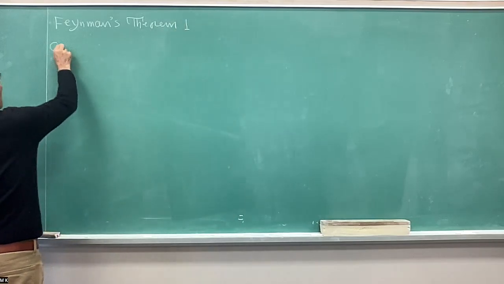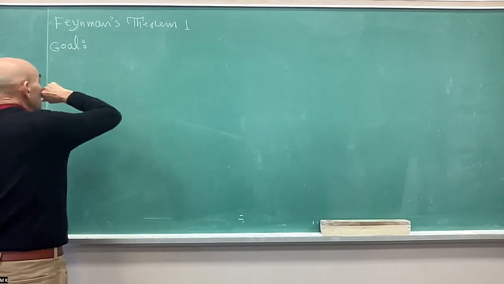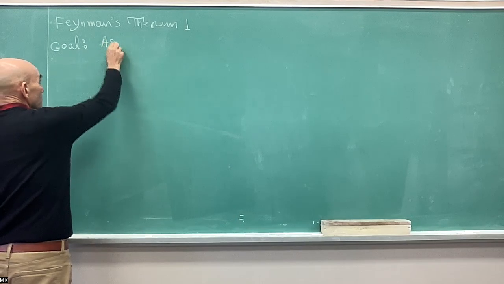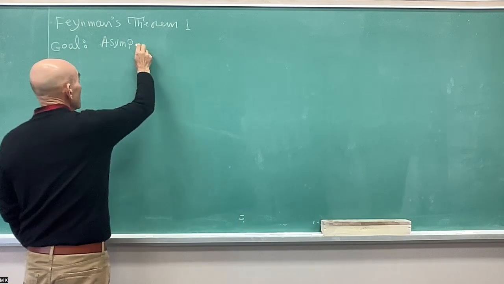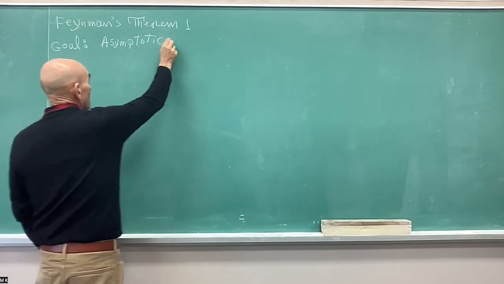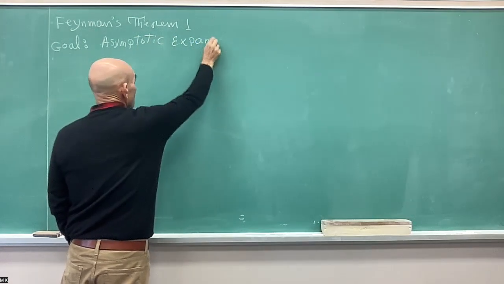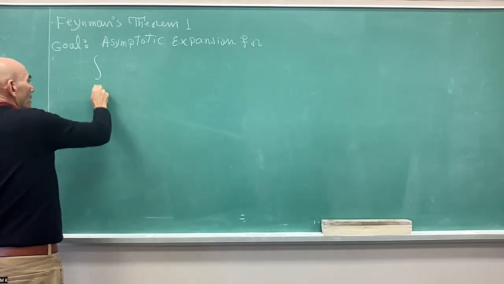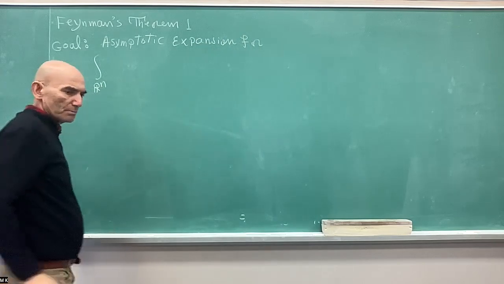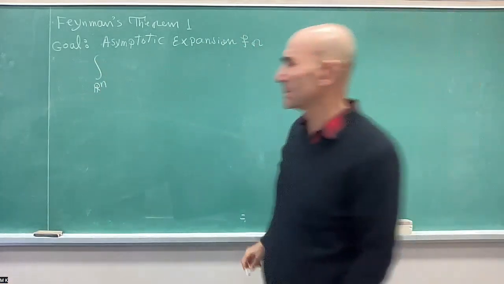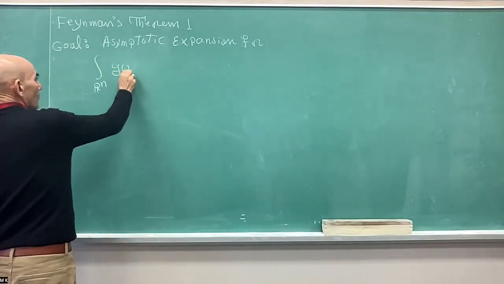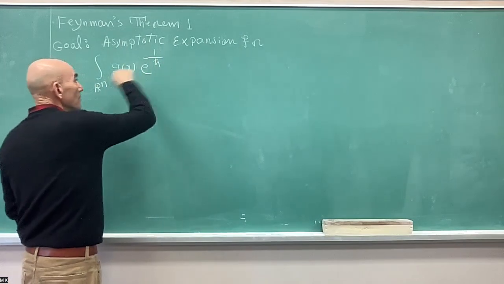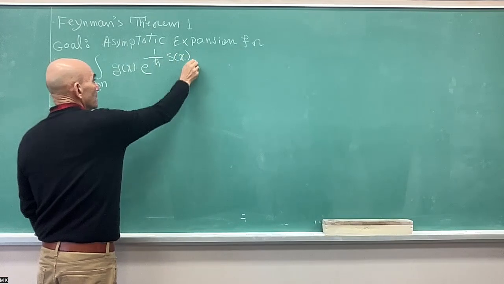So the goal is to find an asymptotic expansion for an integral over R^n, something like g of x, e to the minus 1 over h bar, S of x, dx.